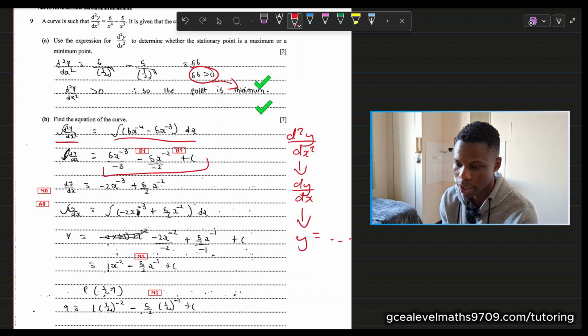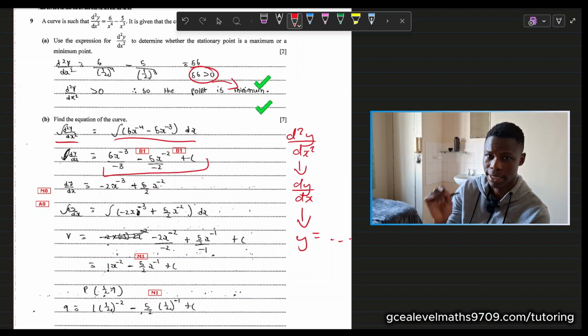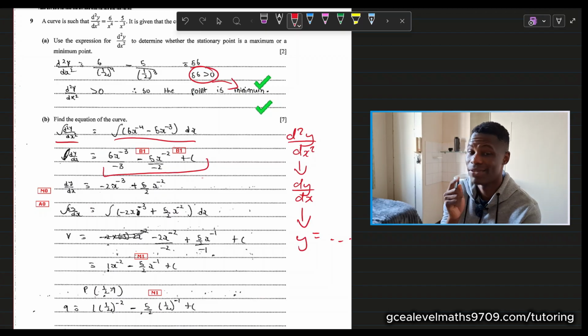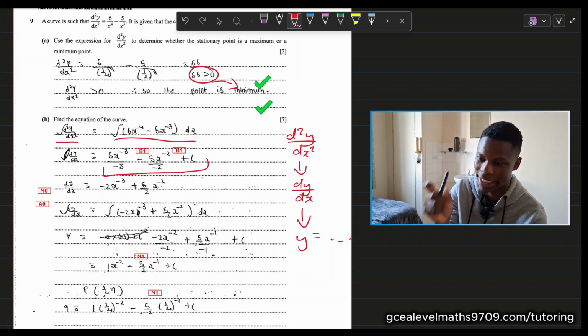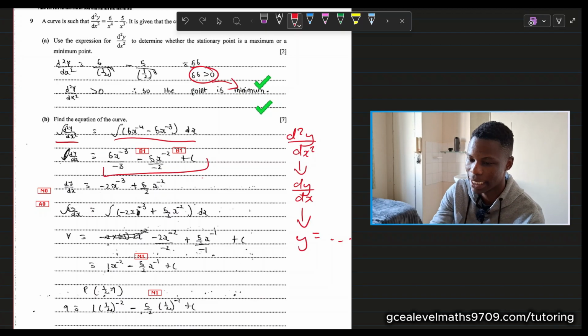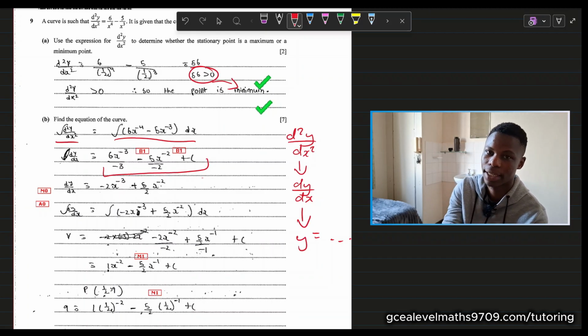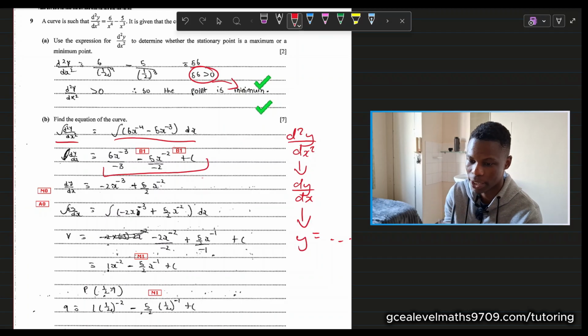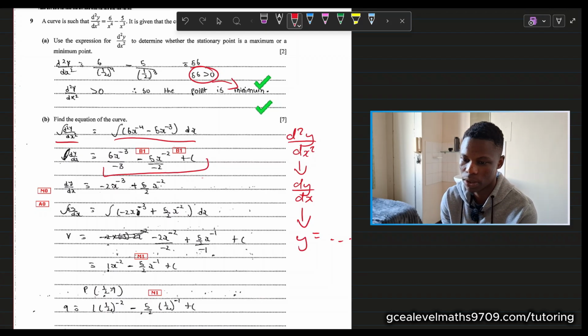because you got your B marks. Your B1 means stating something that's correct. So if it's B1, it means that you've stated the correct thing. You don't really need to show working, you just need to show the correct thing. That's a B mark, so state the correct thing. M marks, those are method marks. You get those if you use the correct method. But if you use the wrong method, you lose those marks.